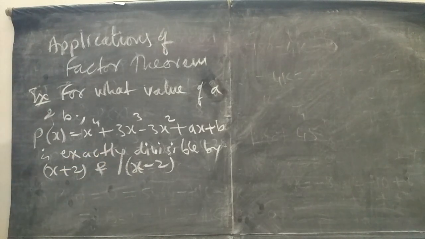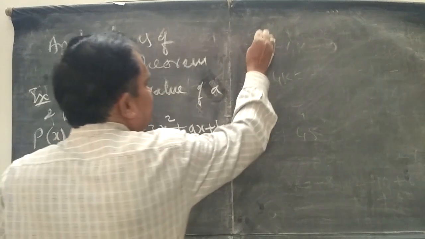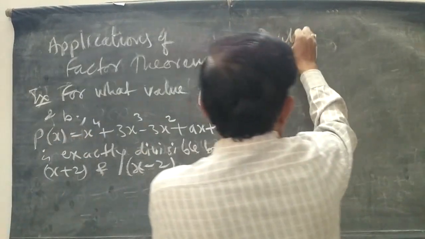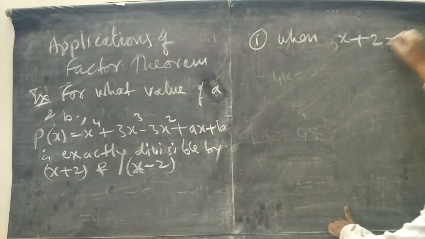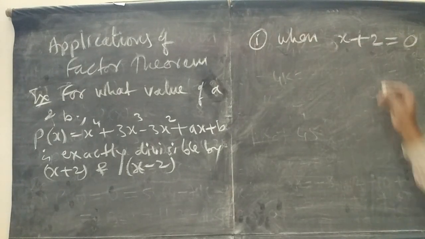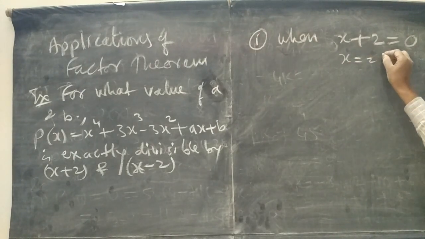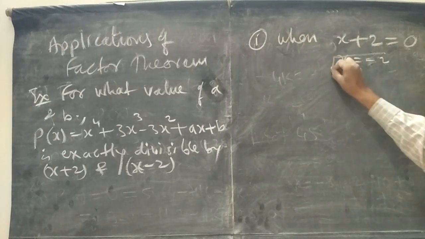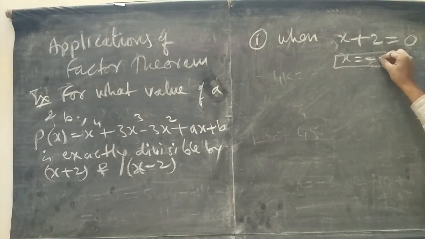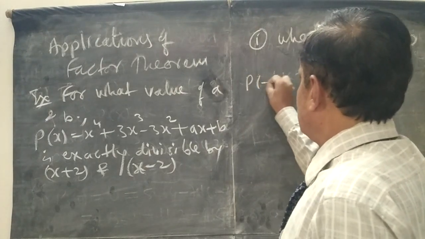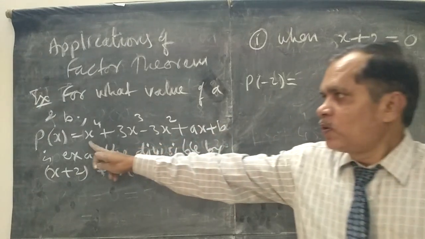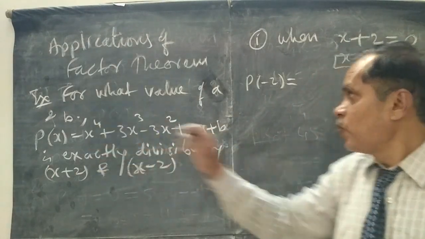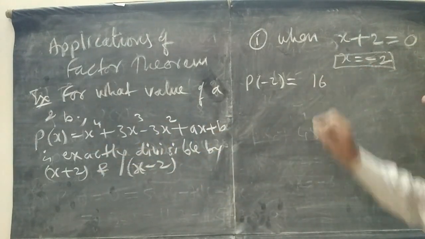So we will take them separately, one by one. First, exactly divisible means the divisor equals 0, so x equals minus 2. Then find the value of the polynomial at minus 2. We get p of minus 2. Put the value: minus 2 raised to 4 is 16, plus 16.